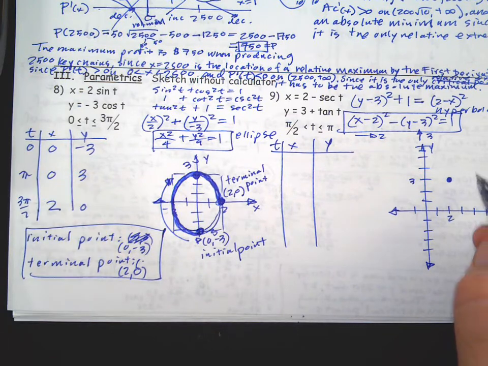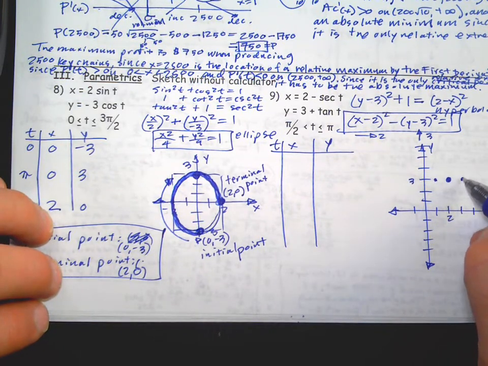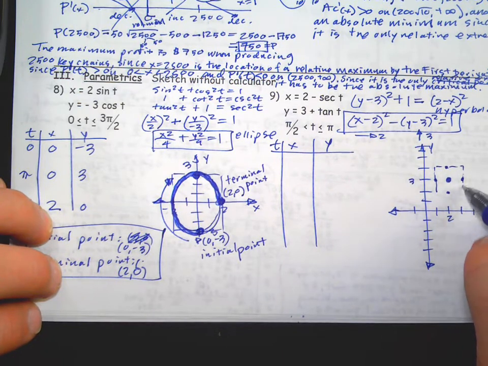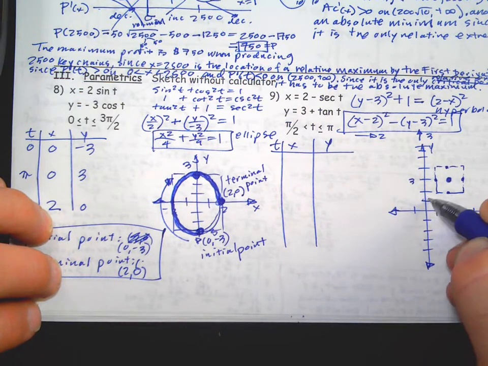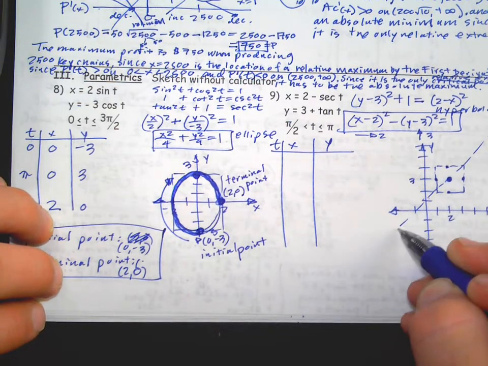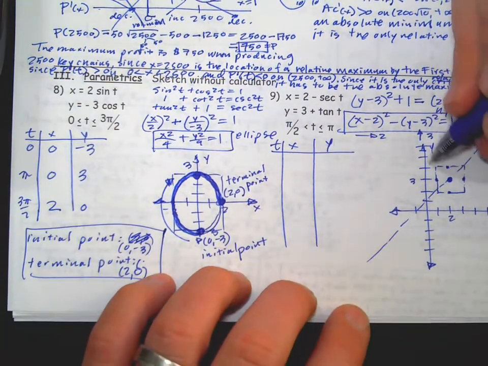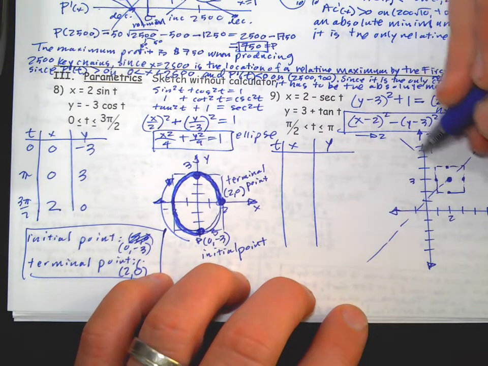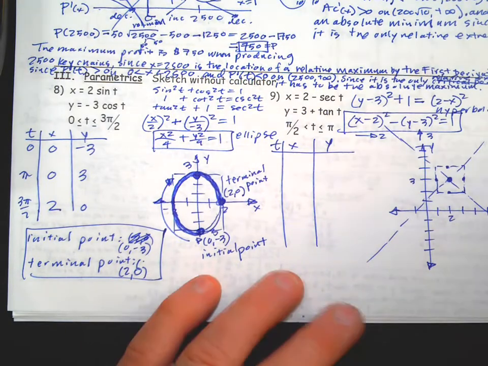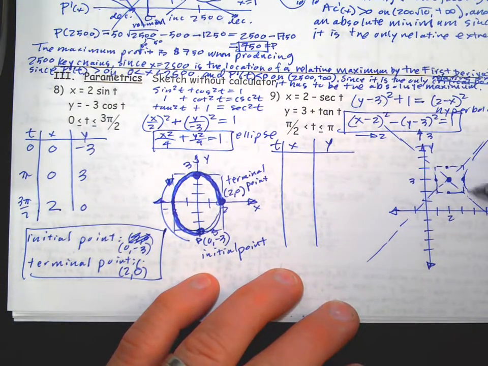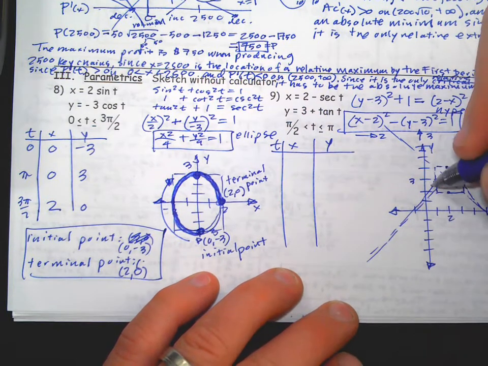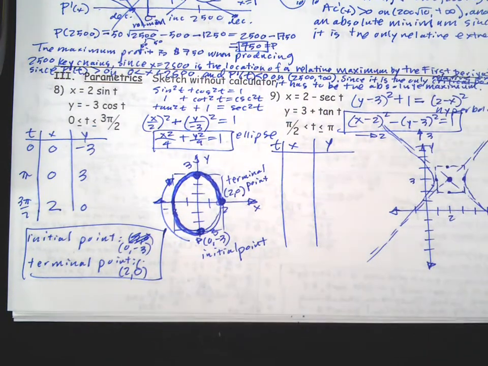And then you're going to go left 1, right 1, down 1, up 1, and draw a little box. And then you're going to connect the diagonals by dashed lines. Those are going to be slant asymptotes by the time we're done. And it's going to open left, right, not up, down, because the x squared is positive. So there's the whole shape.